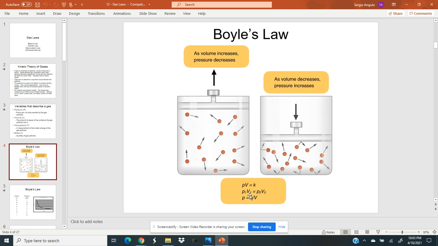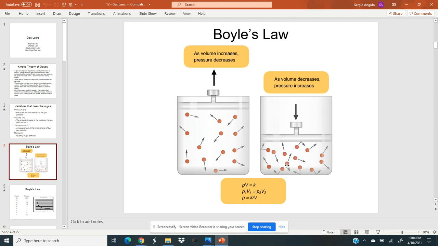Okay, so you have a volume to begin with. Then you change that volume by pushing something in, and you'll get a new volume. So here we see a larger volume to begin with. We call that V1. And then we could push this in here and make a second volume with less space. We call that V2.